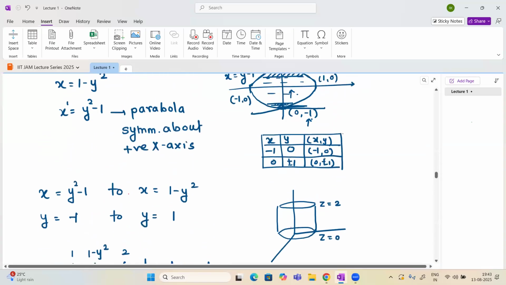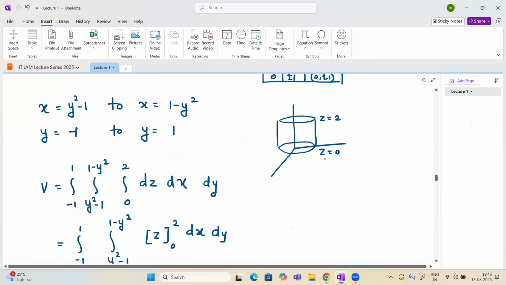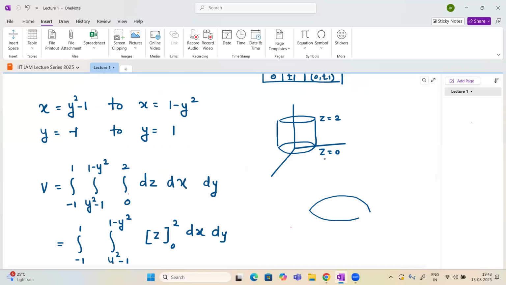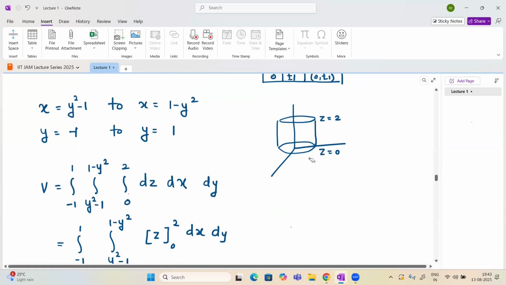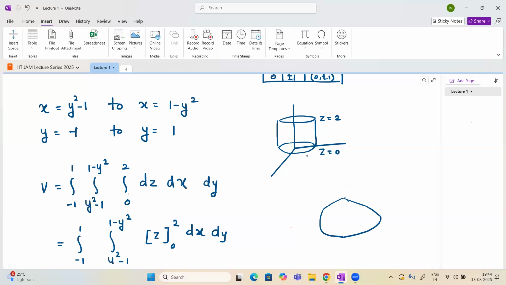Yes. Here, if you take the strip in vertical form, the problem will be more complicated. We have this kind of figure. This is the first parabola and this is the second parabola.